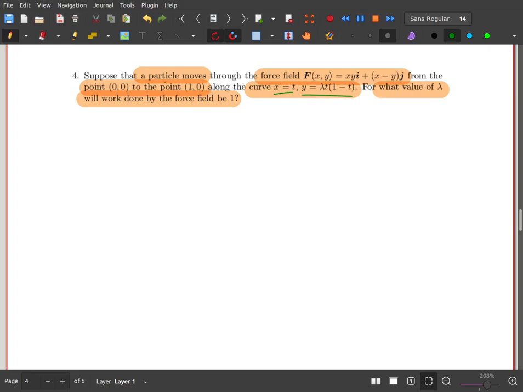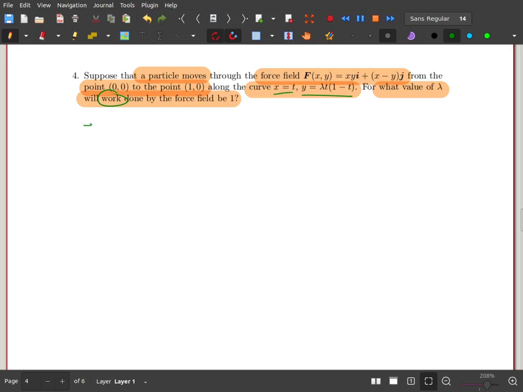So we'll need to substitute x and y from our parametric equations into our vector field. Then, because the question is asking for the value of lambda when the work is equal to 1, we'll need to find the work given the force field, and from there we'll have an expression to compute the work, equate that to 1, then solve for the lambda value that will make that true.